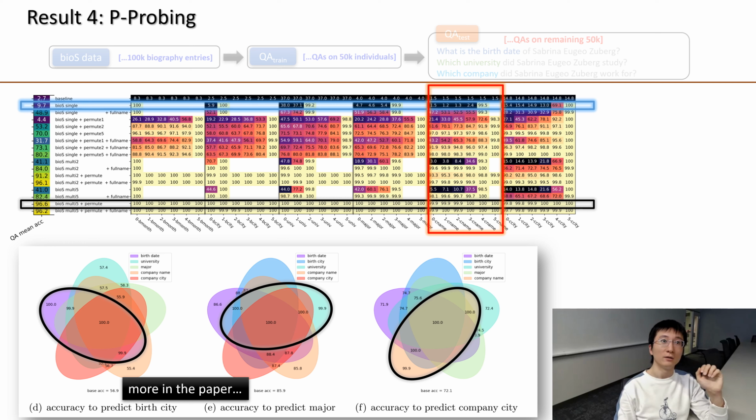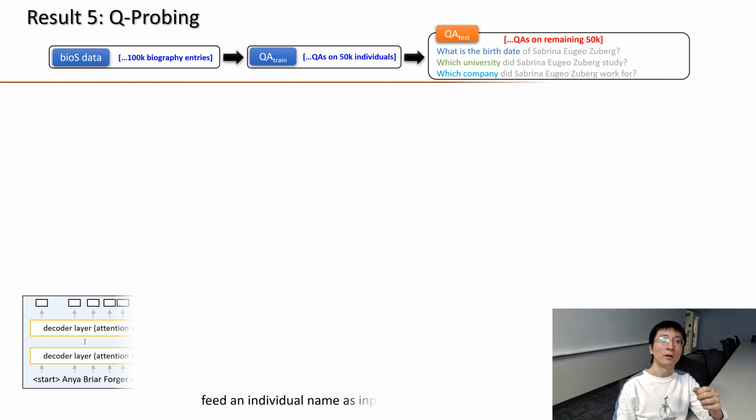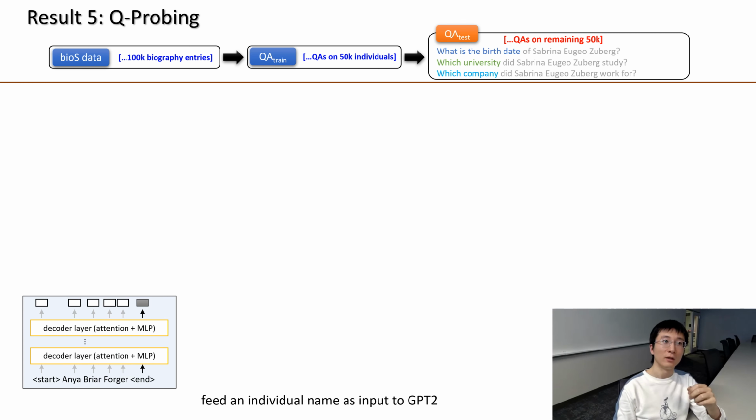Namely, whether or not the model can successfully extract the person's knowledge crucially relies on how early the knowledge has been stored, and preferably directly on the person's name. Our next probing technique looks more closely at this.